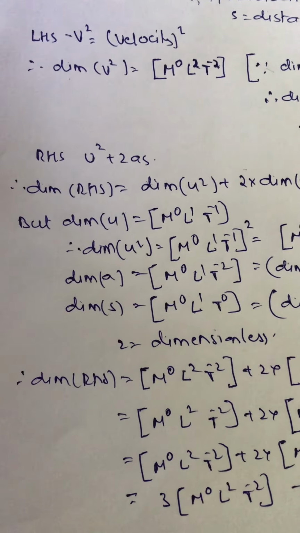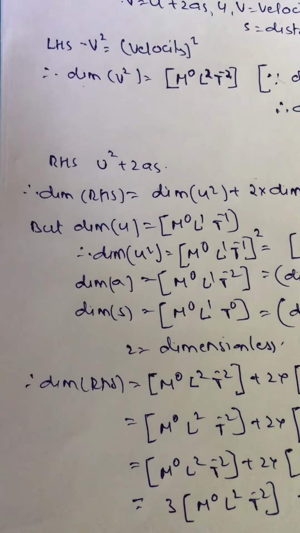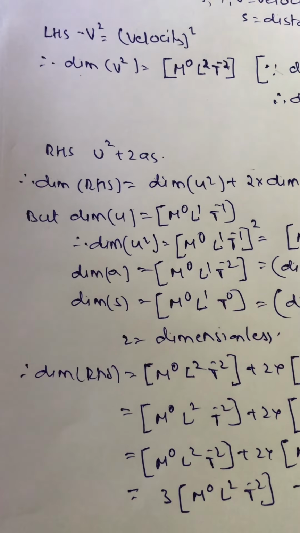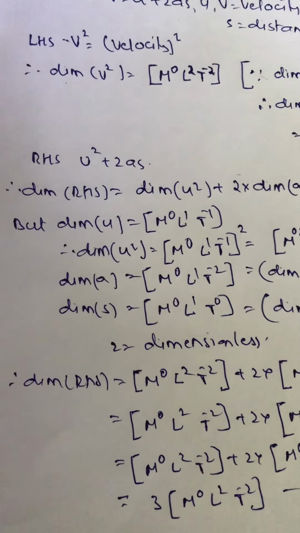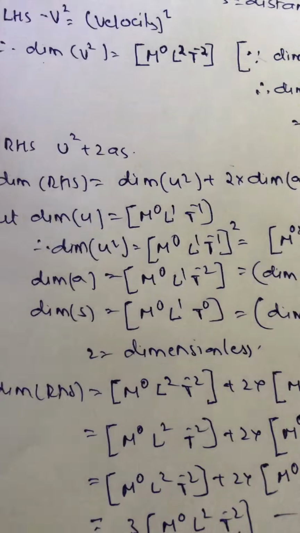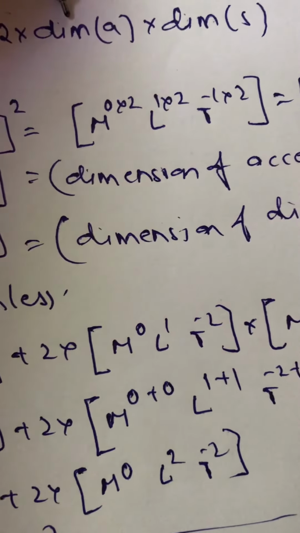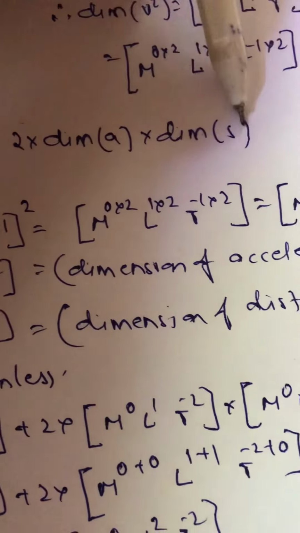Just take the right hand side, namely u square plus 2as, where u is the velocity, a is the acceleration and s is the distance traveled. So dimension of RHS will be equal to dimension of u square plus 2 into dimension of a into dimension of s.